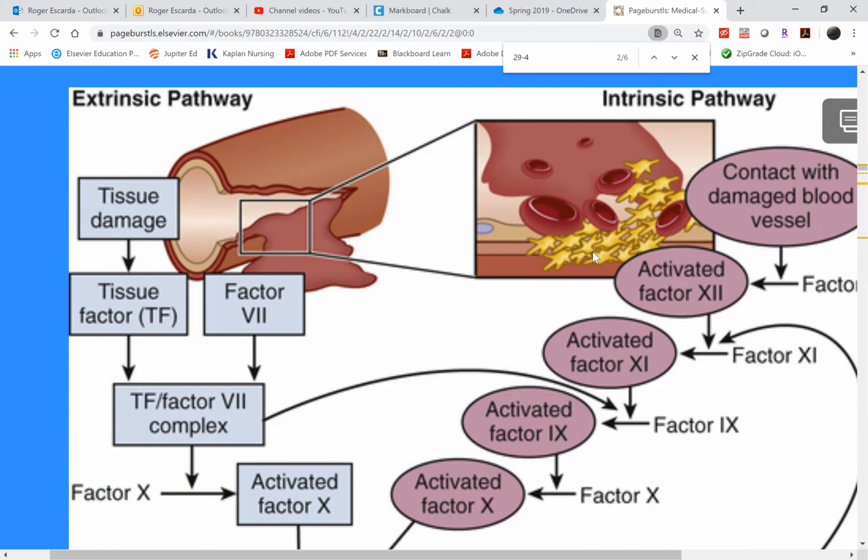Therefore, what happens to your bleeding time as a result? Will it shorten or become prolonged? If platelets are missing, it's going to be prolonged.